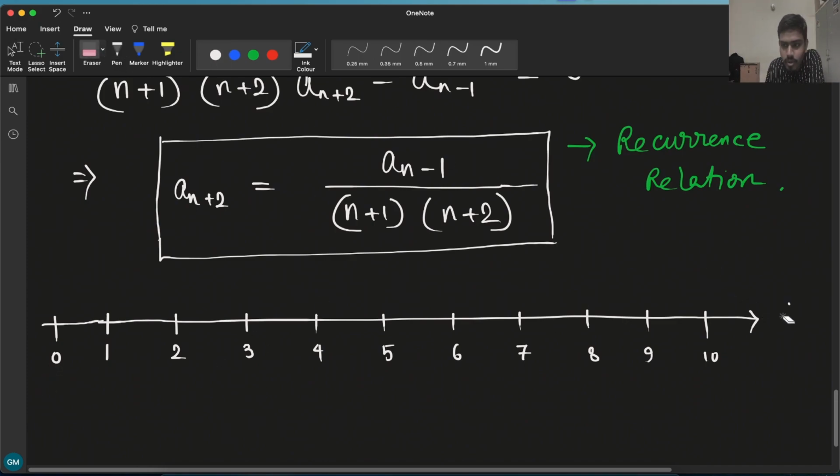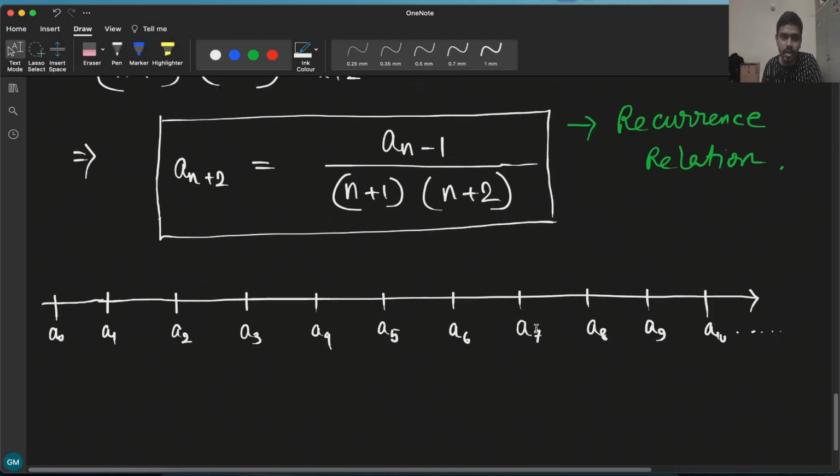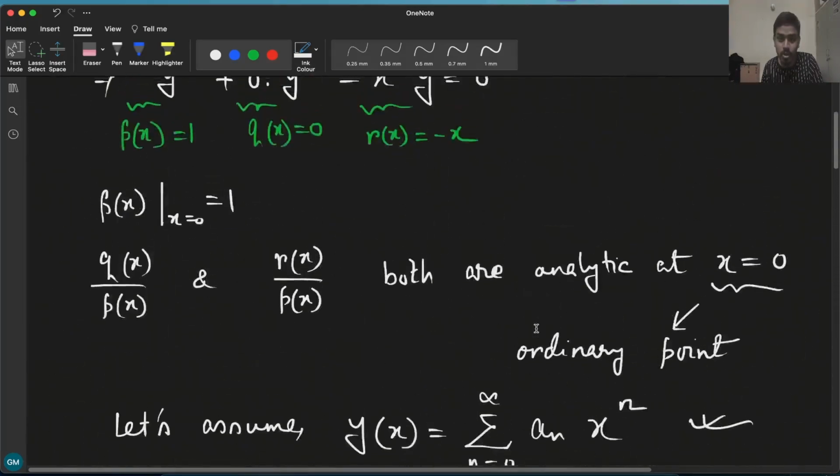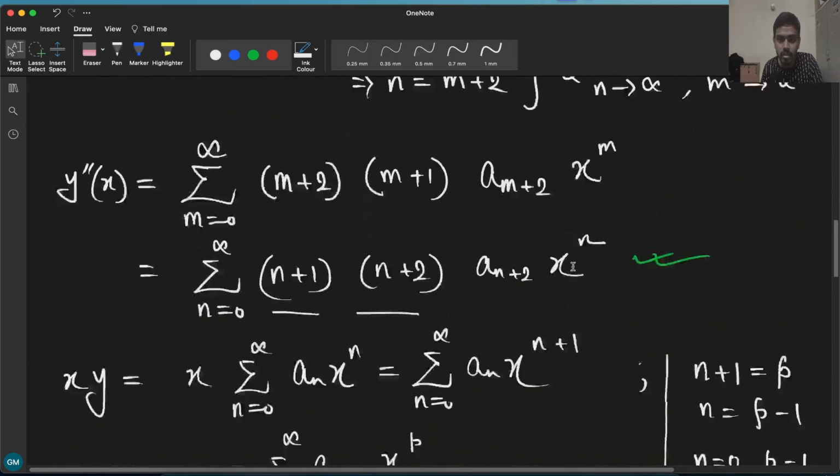So let me write it like this: a0, a1, a2, a3, a4, a5, a6, a7, a8, a9, a10, and so on. Our goal is to find these a's, a1, a2, a3, a4, a5, a_n basically. These coefficients we need to find.